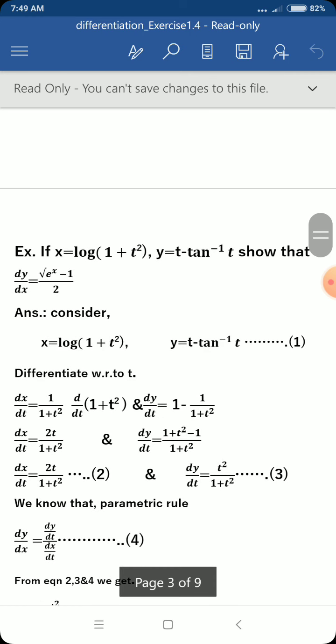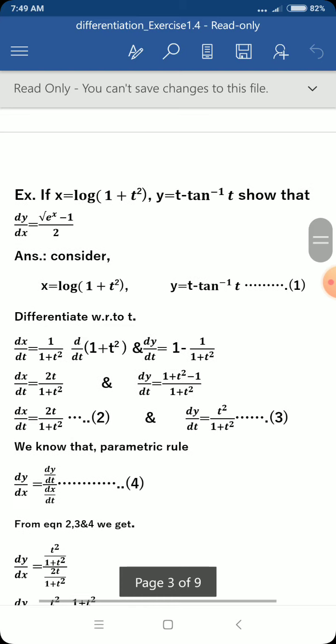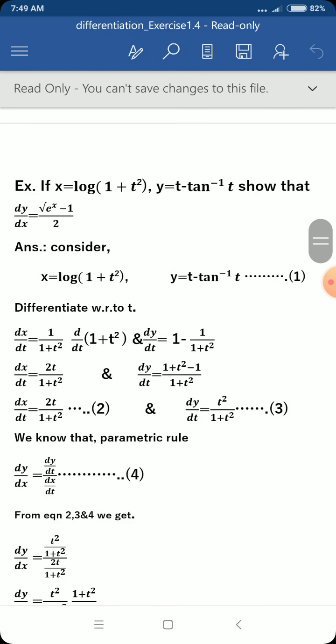Example number first. If x is equal to log of 1 plus t square and y is equal to t minus tan inverse of t, then show that dy by dx equal to under root e raised to x minus 1 upon 2.